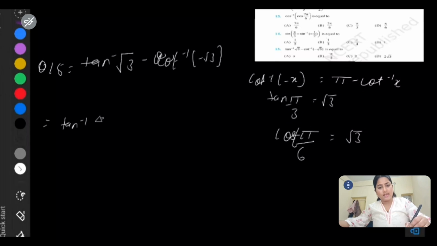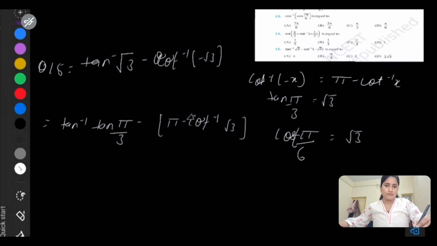tan inverse, and √3 as tan π/3, we can put tan⁻¹(tan π/3) minus (π − cot⁻¹(√3)). We can write cot⁻¹(−θ) as π − cot⁻¹(θ).